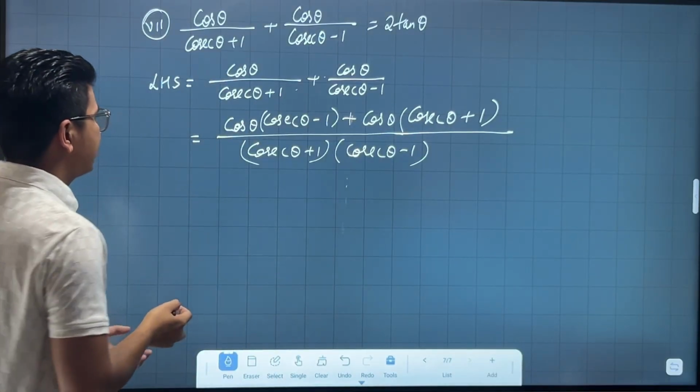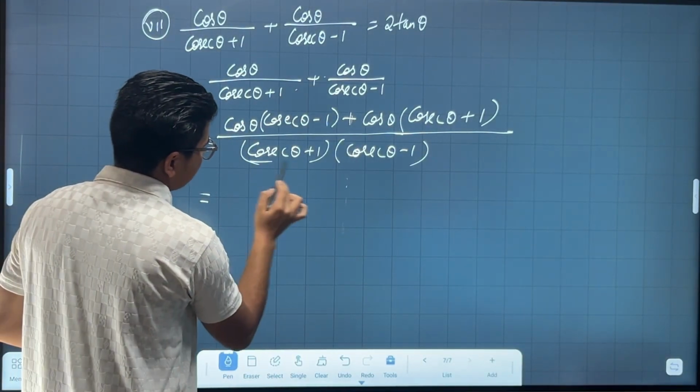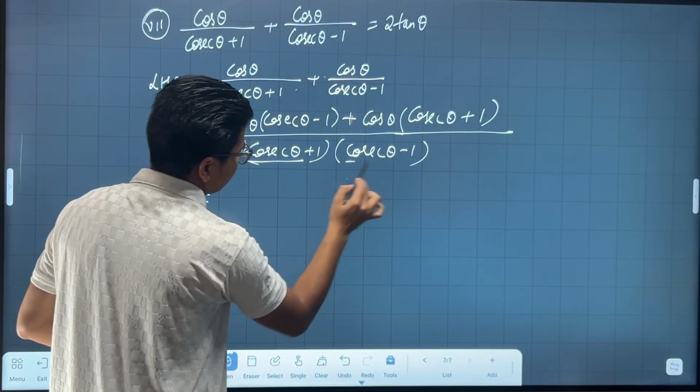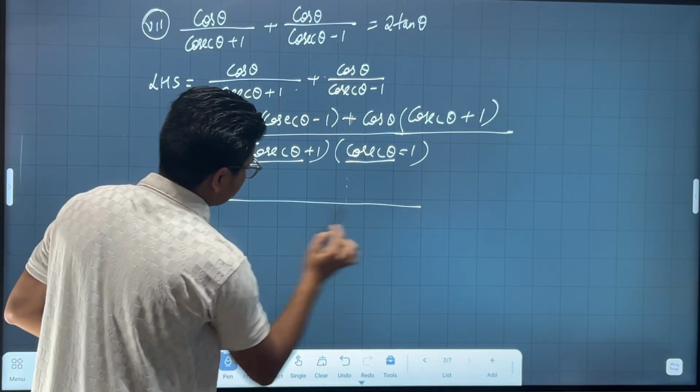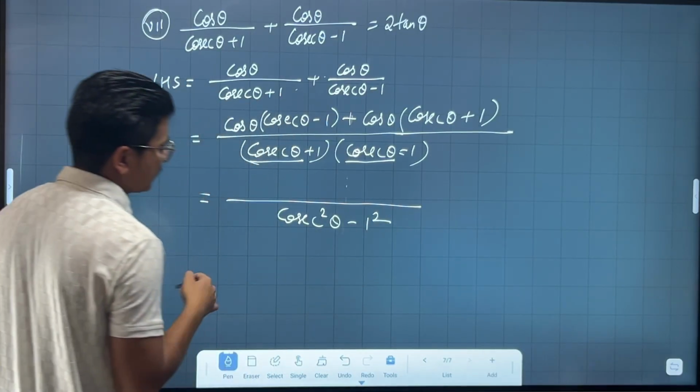Hope this is clear. Now further moving ahead, this becomes a plus b into a minus b. So this can be written as a square minus b square, correct.